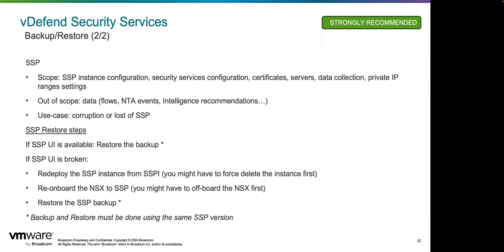We do not back up the flows themselves or NTA events or any recommendations as of today. And the big use case here is, if you get lost or corrupted, you can restore your SSP to where it was. And the steps are fairly similar. We'll restore the SSP backup after we have onboarded NSX Manager.